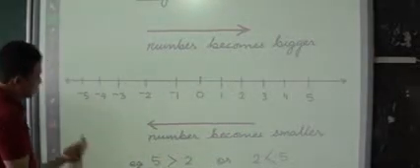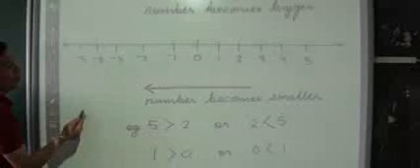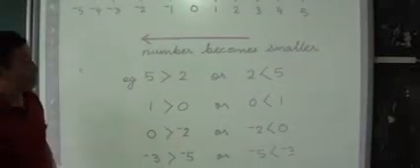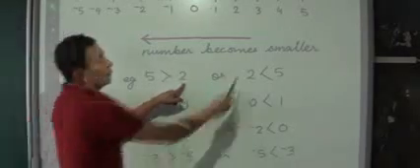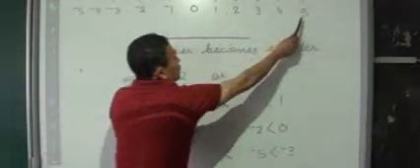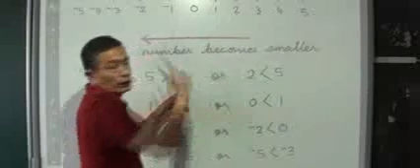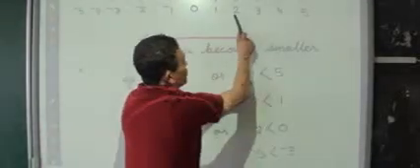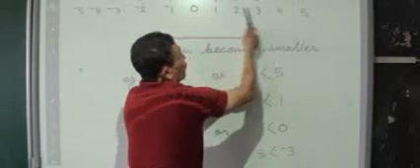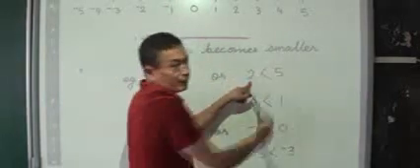I've given you some examples of this, looking at the number line. 5 is more than 2 because 5 is on the right hand side of 2. The same thing can also be said: 2 is smaller than 5 because 2 is on the left of 5.